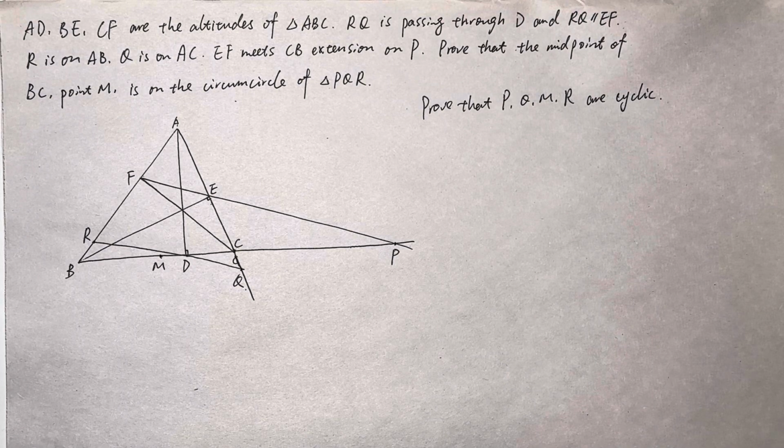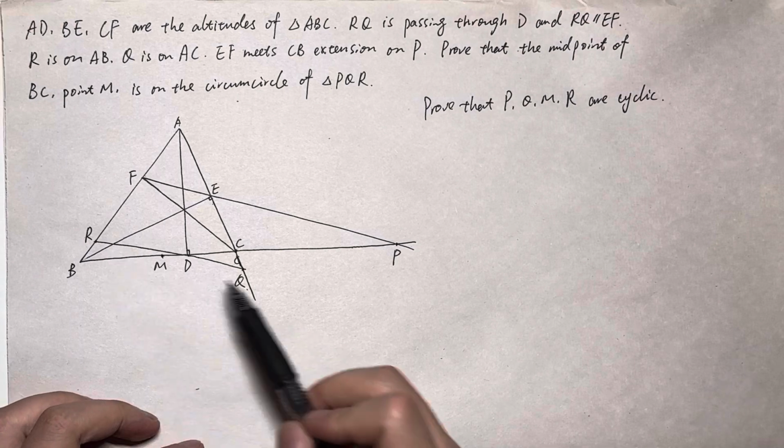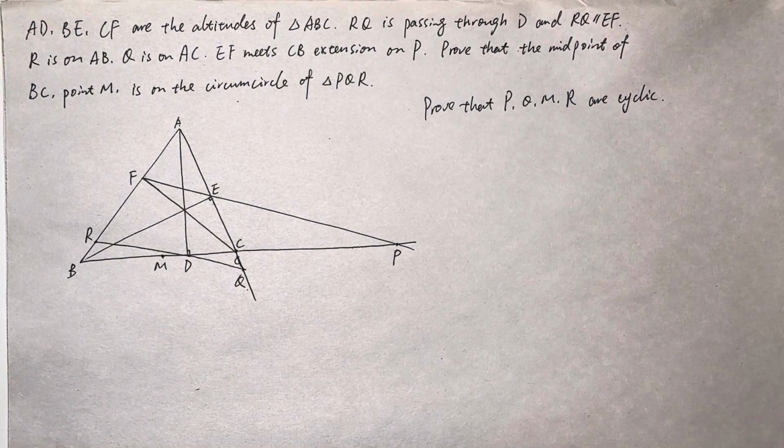And for this problem particularly, can we use the first three ways, to prove the angles equal? That's kind of difficult, right? To prove the sum of the opposite inner angles to be 180 degrees is also kind of difficult. That's similar to the first method.